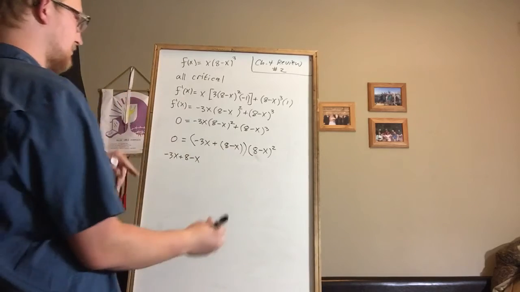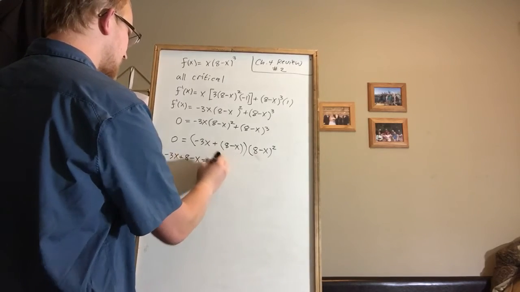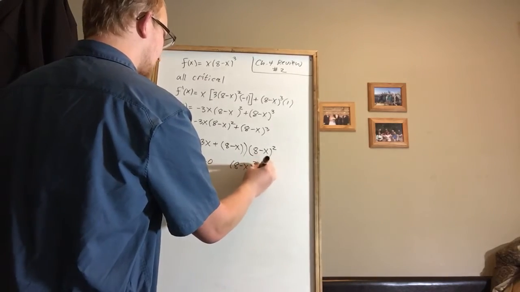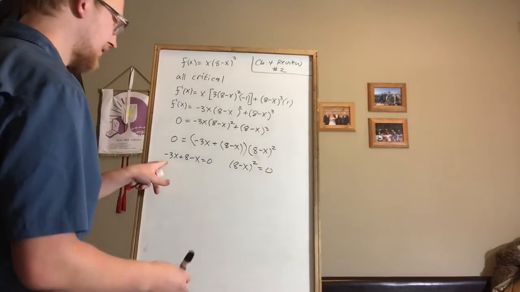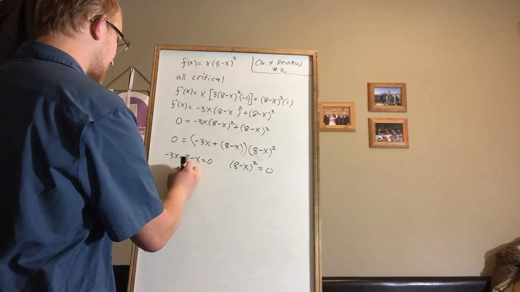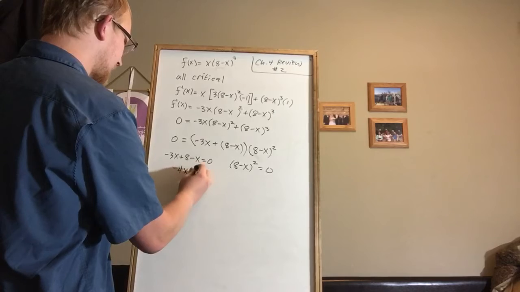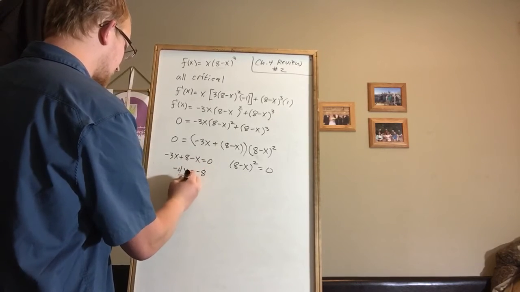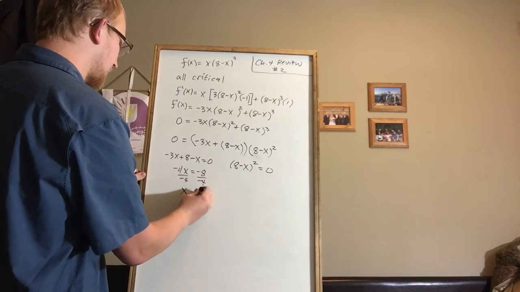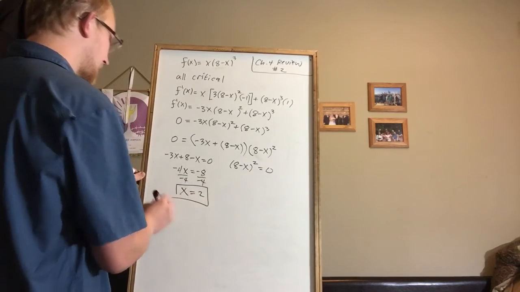So minus 3x plus 8 minus x equals 0, and 8 minus x squared equals 0. Over here we get minus 3x minus x, which is minus 4x. We subtract the 8, minus 8, divide by minus 4, and we end up with one of our critical points: x equals 2.